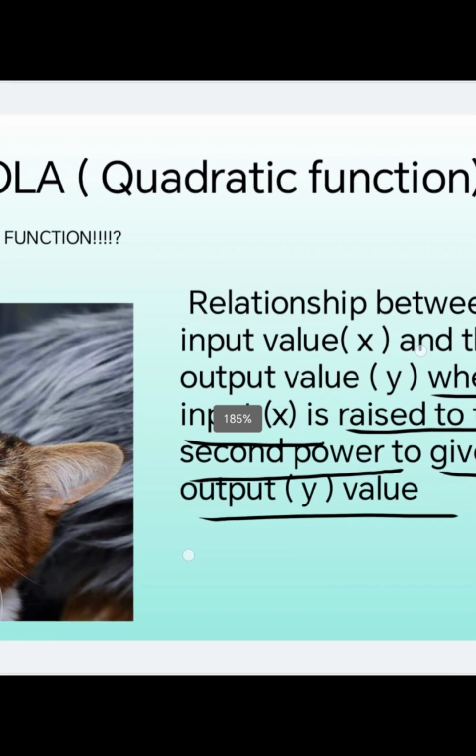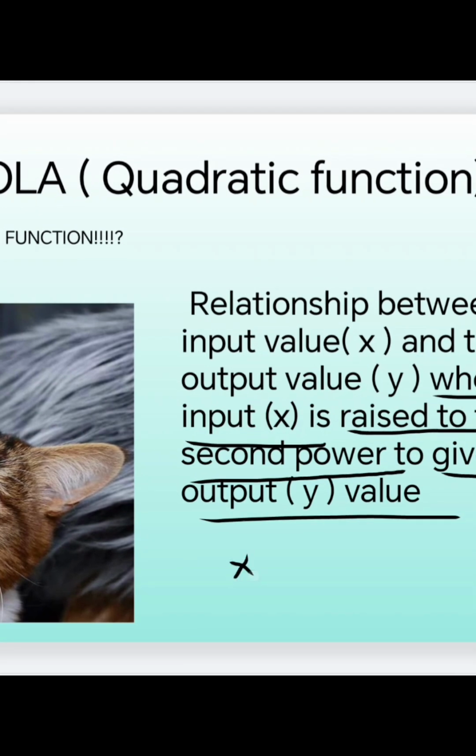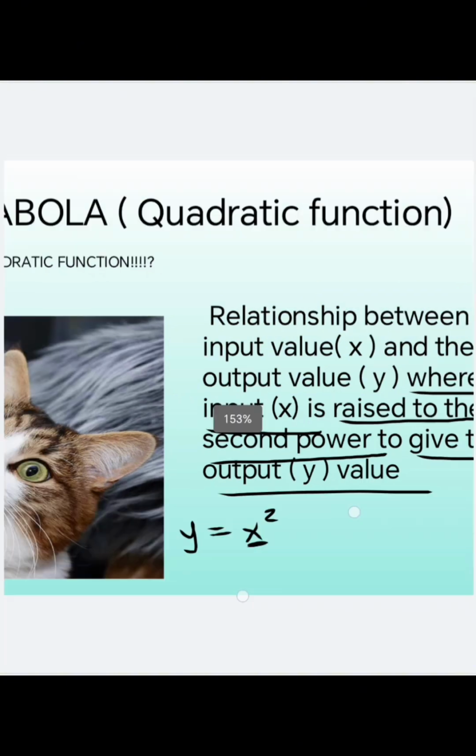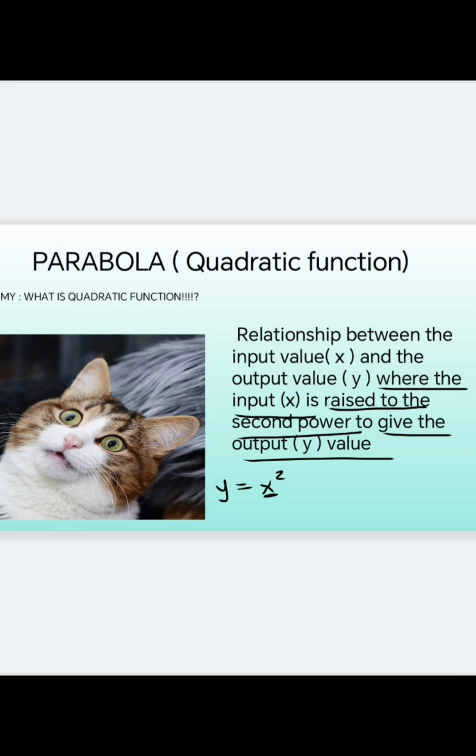Remember that we said a function is like this. So when we say the input value x is raised to the second power, it means x squared. You see, that is x squared.